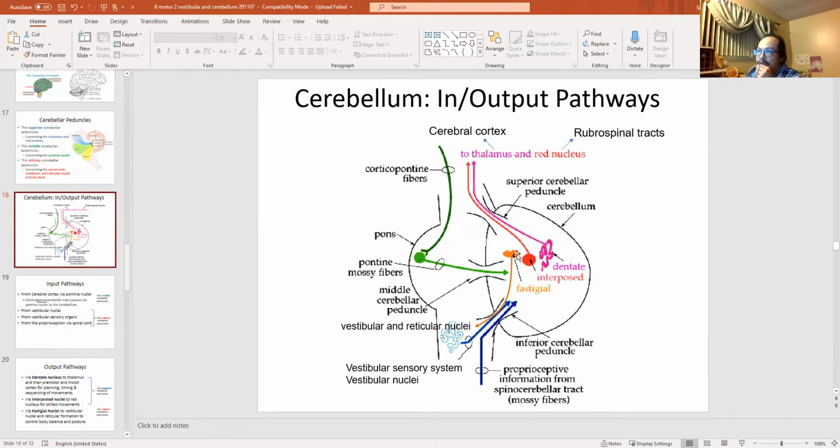Interposed, the output is to the red nuclei and then rubrospinal tracts. Fastigial, the output is to the vestibular and the reticular nuclei. And then from here, it goes to the vestibular spinal tracts and the reticular spinal tracts. So that's three outputs. We will go back to talk about these three nuclei again.